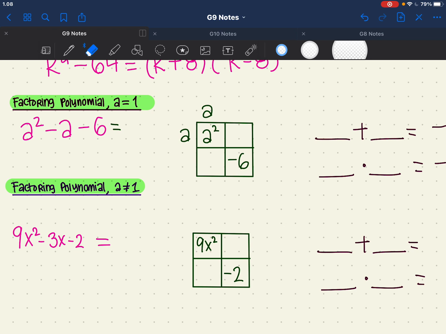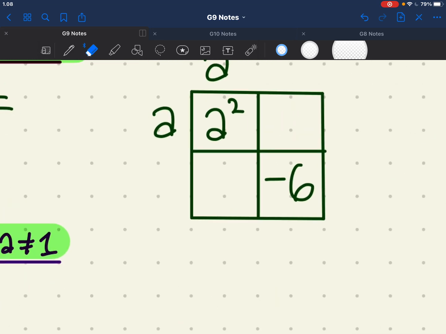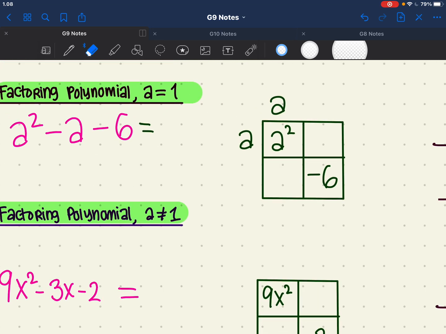So what I would do if I were you, just do the box method. This is what I would call it, the box method. You fill out the top left box with the first term, in this case a squared, and then the box on the bottom right with the last term, negative 6.